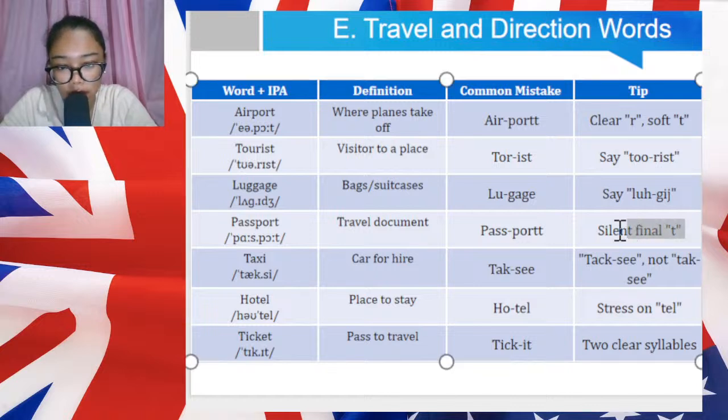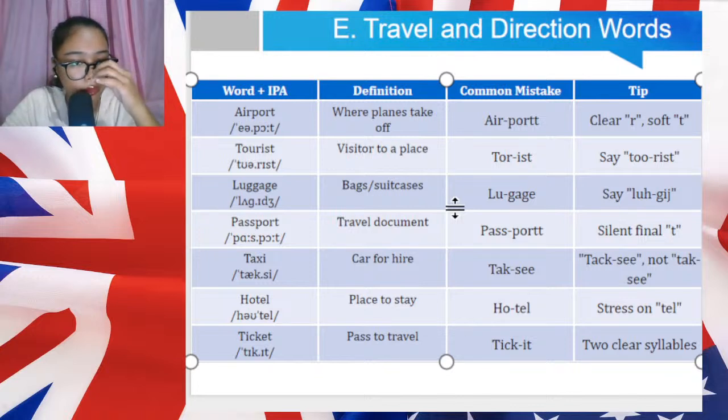I think there should not be a silent final T here, but in some regional accents, they say passport without clearly saying the letter T at the end. And that's okay because we accept regional accents, we accept different Englishes.